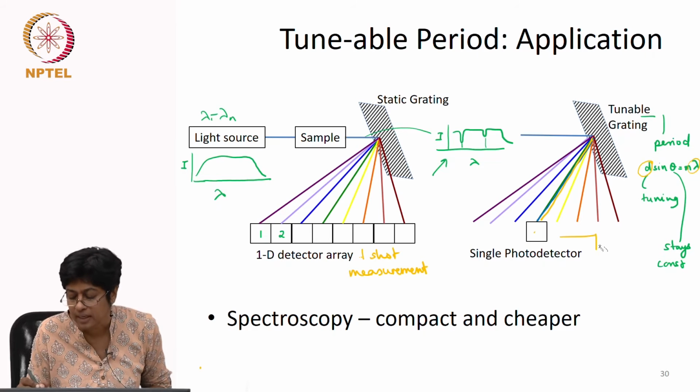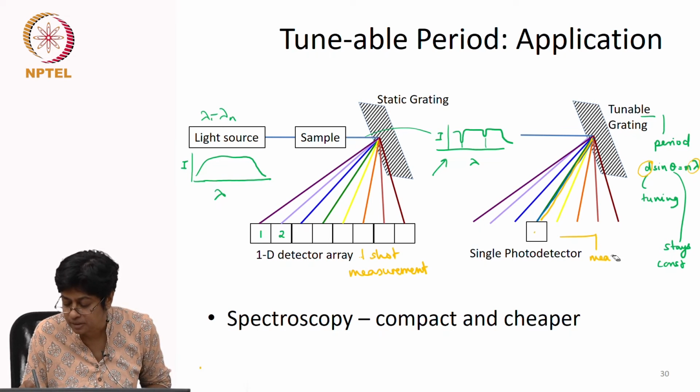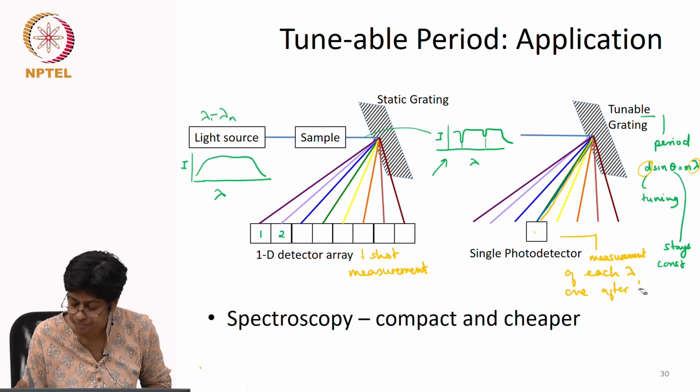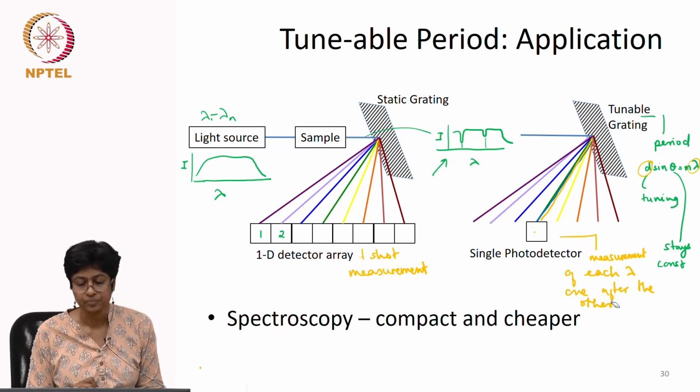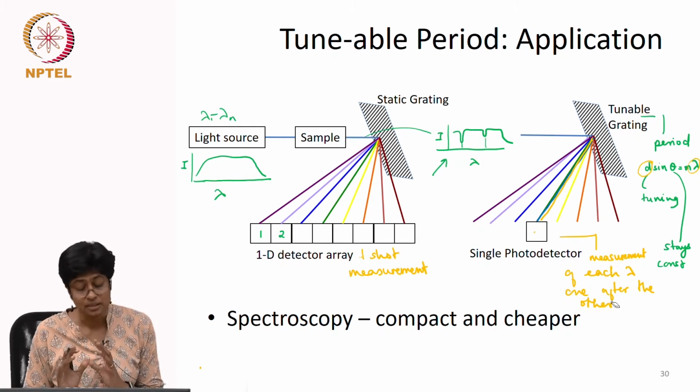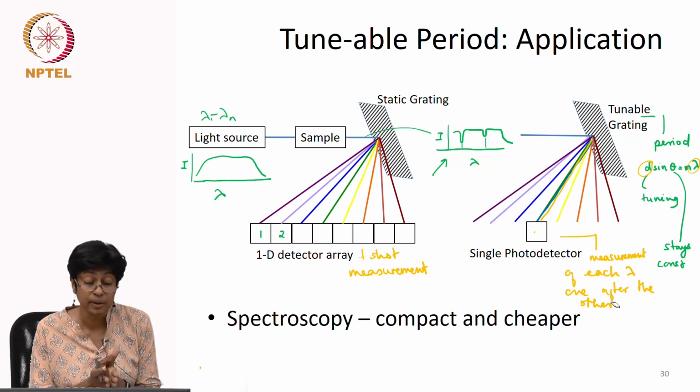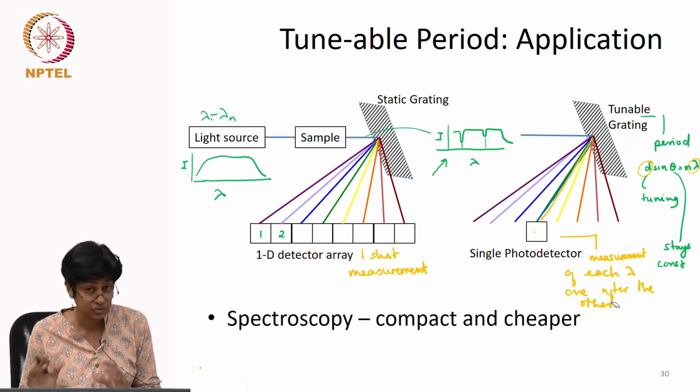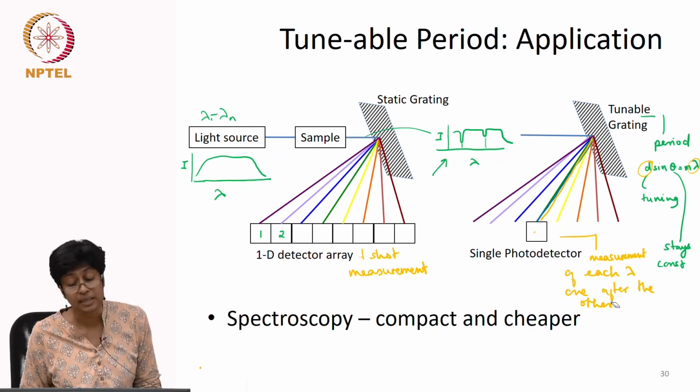In this case, I need to take a measurement of each wavelength one after the other. Okay, but it makes it more compact, and because for certain wavelength ranges the one-dimensional array is very expensive, it could even make it cheaper.